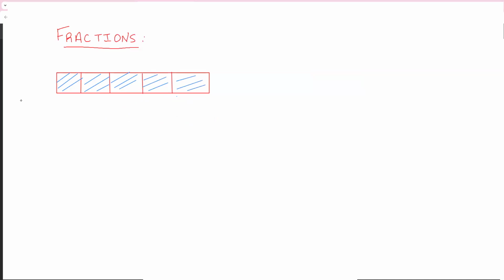As a fraction, that means I ate 5 pieces out of the whole, which was 5 pieces. Anytime the numerator is the same as the denominator, then that's 1. That's a whole. So regardless of the numbers, once the numerator is the same as the denominator, that's a whole. If I have 10 out of 10, that's 1 whole.